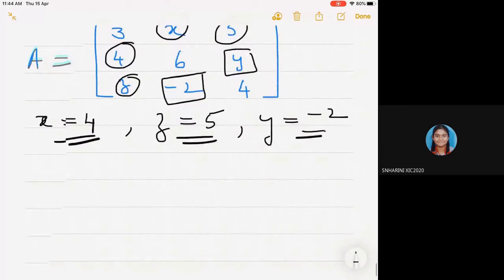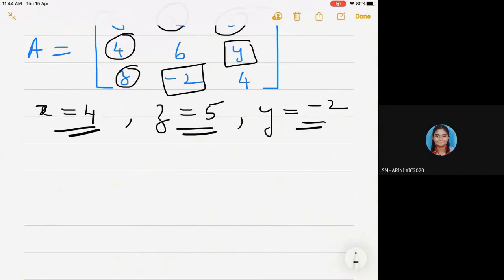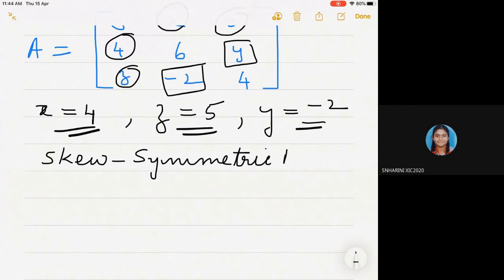Now the next definition is, please write, skew symmetric matrix.